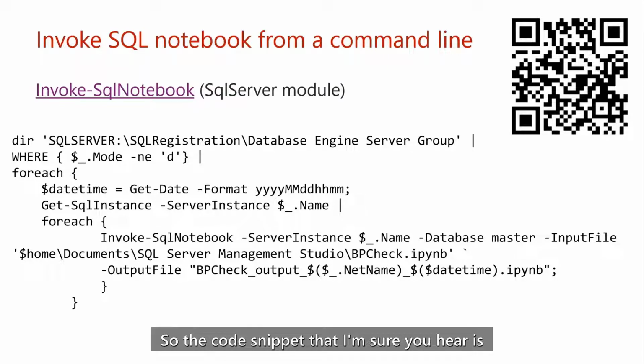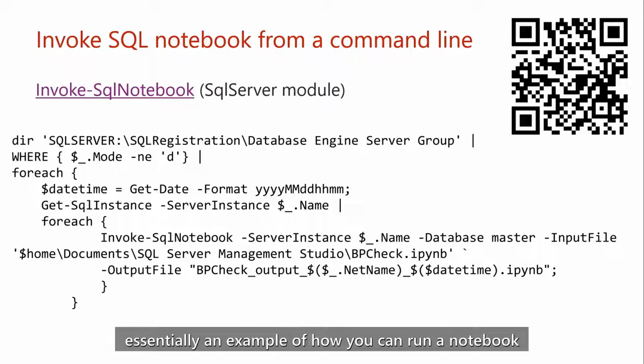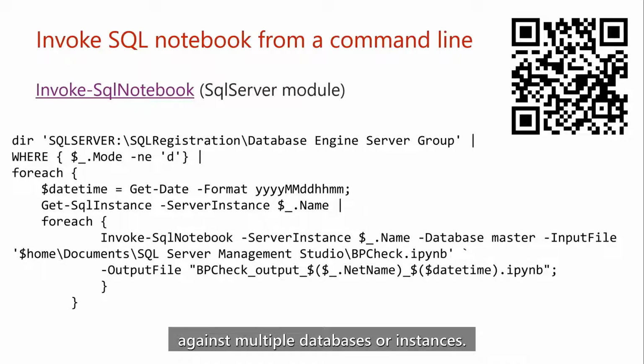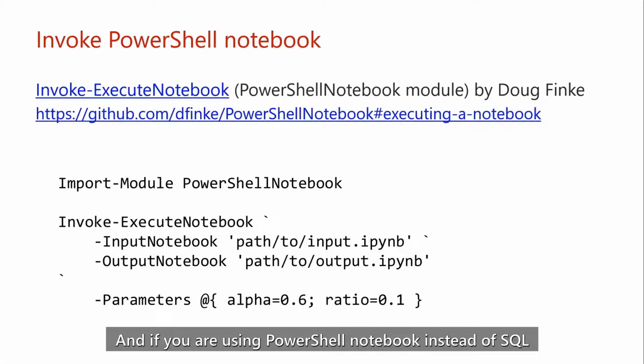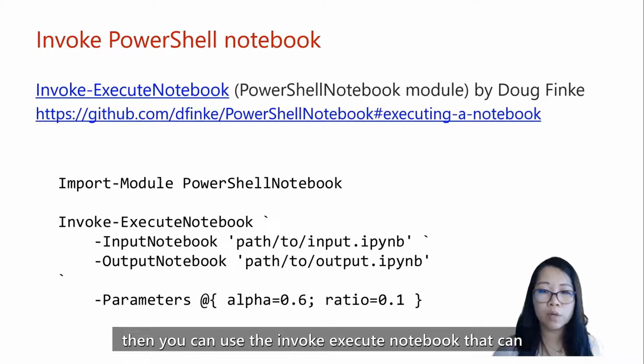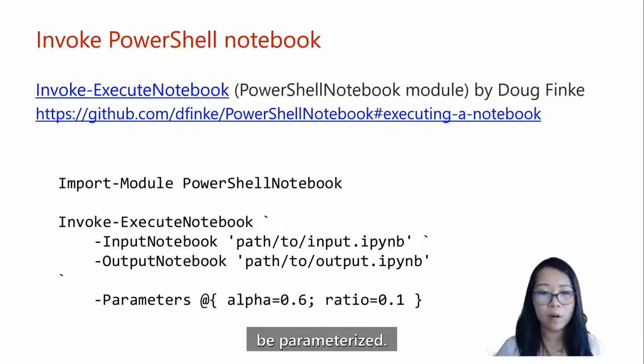The code snippet that I'm showing you here is essentially an example of how you can run a notebook against multiple databases or instances. And if you are using a PowerShell notebook instead of a SQL notebook, then you can use Invoke Execute Notebook that can be parameterized.